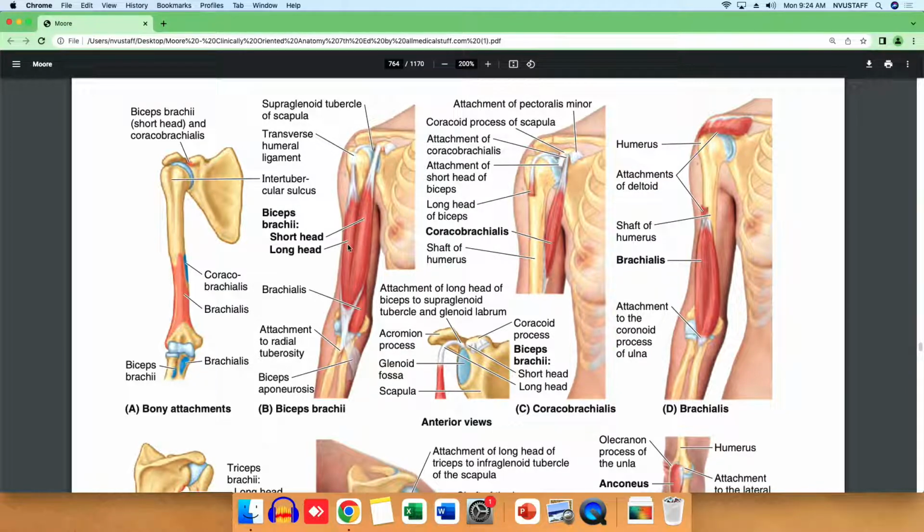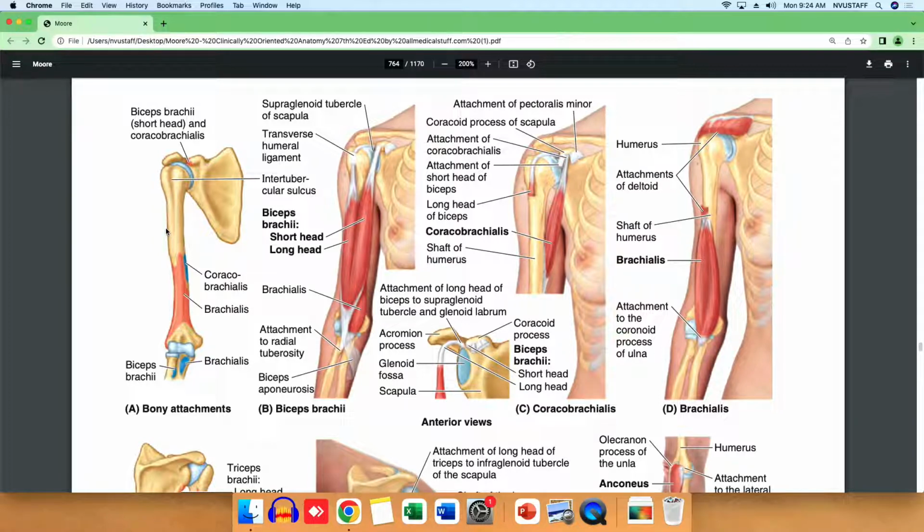But from the other side, you do have a long head, and we already talked about the long head. We mentioned it when we were describing the humerus, and we said that the humerus contains in the proximal region two projections known as the greater and the lesser tubercle, and in between them we do have the intertubercular sulcus, which I told you we also call bicipital groove.